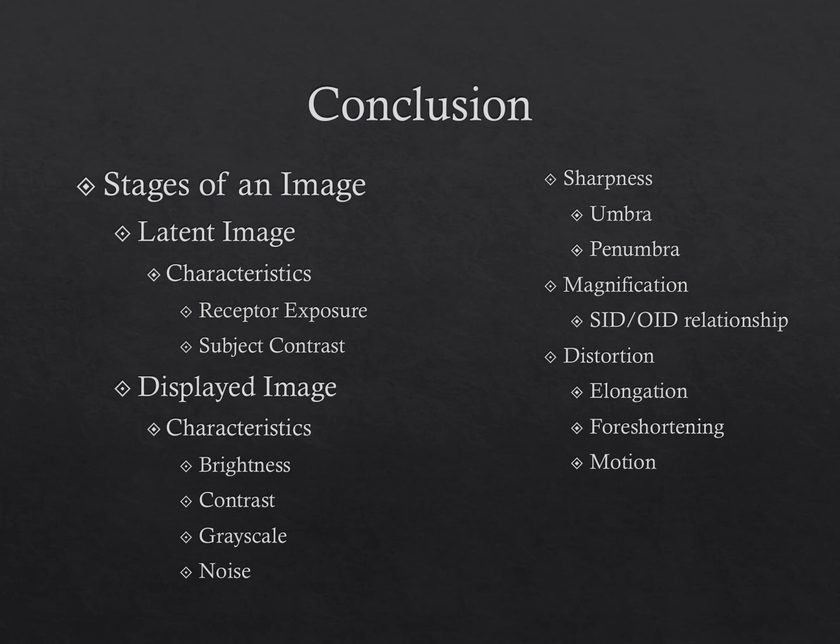Make sure you understand the mathematical relationship as we're making some of these changes, the SID and the OID relationship, and how we can reduce magnification and improve the sharpness of our image. This was jam-packed full of information.